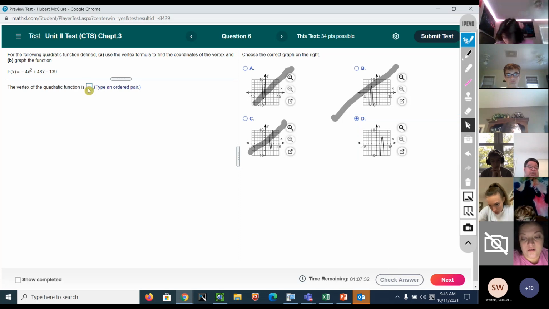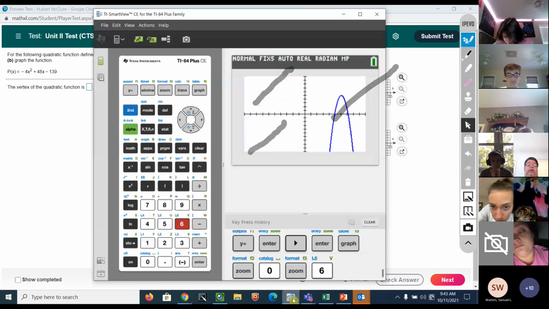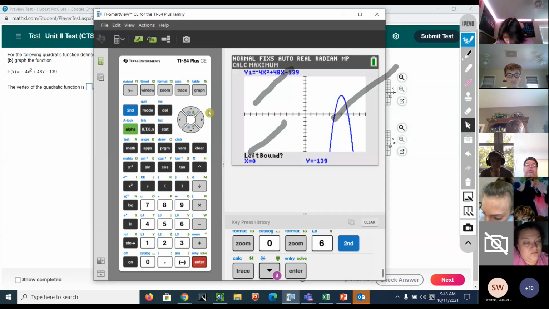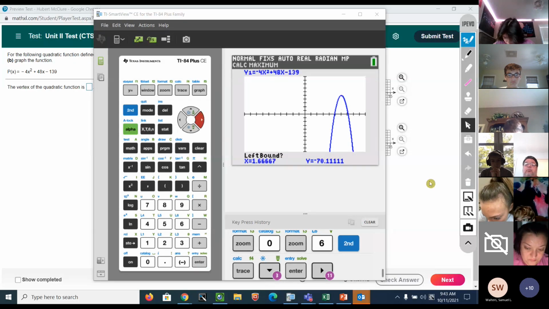Oh, the vertex. I didn't know we needed the vertex. Okay. So let's go back to the handy dandy calculator and do second trace. And in this case, it's called the maximum because it's concave down. Where is my cursor?